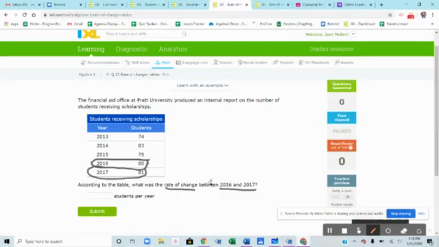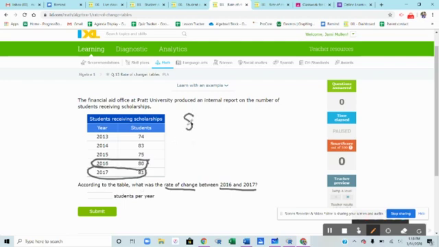So you're just looking to see how they change. So what you want to do is you want to take your larger year. So we want to come over here and we want to look at the x's. We see that 2017 is the larger one. So you're going to start with that y value, no matter what it is. Even if this is a smaller one, you start with this y value.